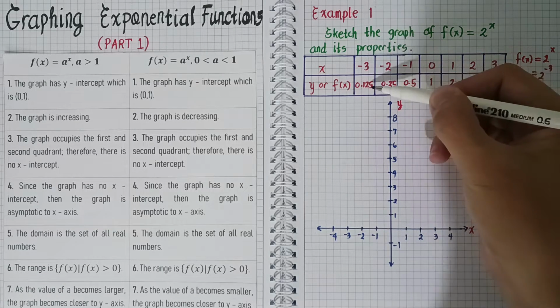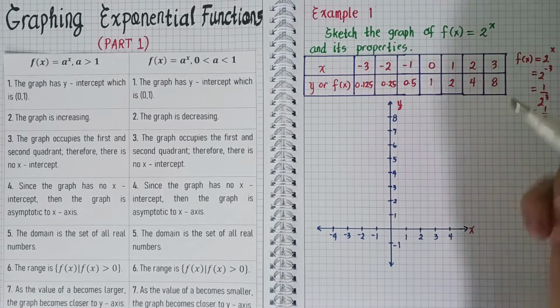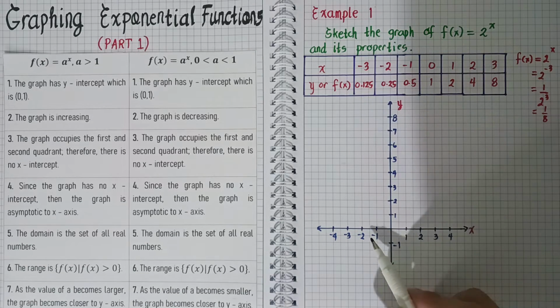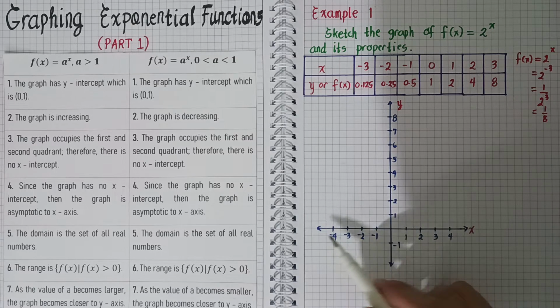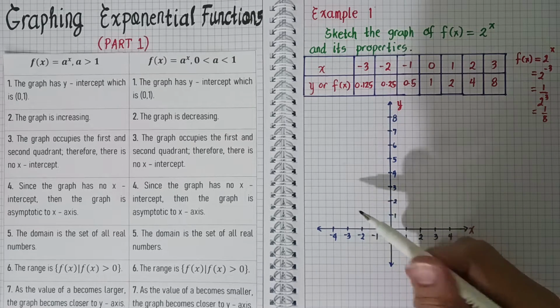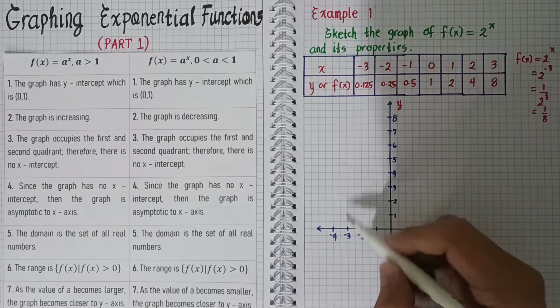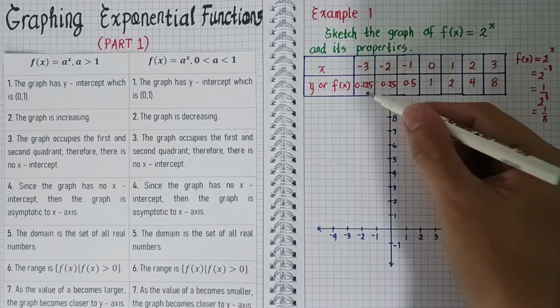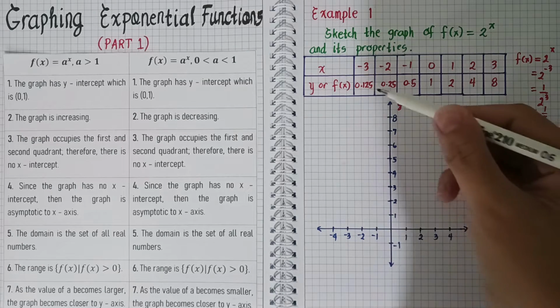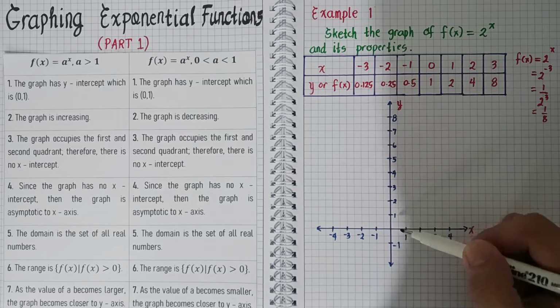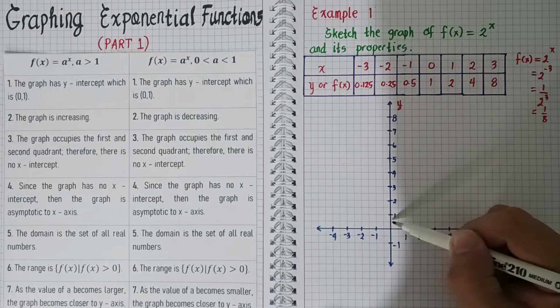Negative 3 and then 0.125. So, your x is negative 3. Tingin ka kay negative x-axis. So, ito yan from 0 to the left. Composed of negative numbers, no? So, kaya nga negative x-axis yan. So, negative 3 and then 0.125. So, yung y natin ay 0.125. Diba sa gitna nito ay 0.5.